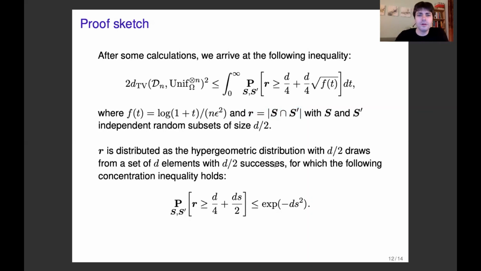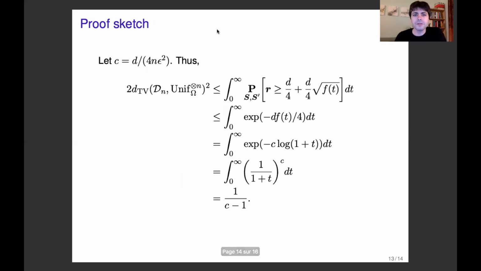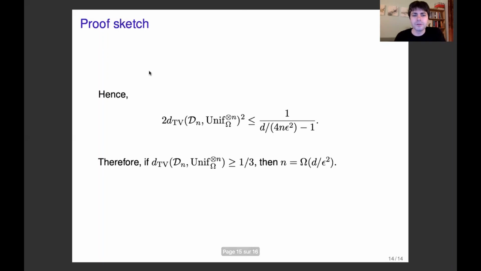So now we apply this concentration inequality to our upper bound, and then solving the integral, we obtain that 2 times the squared total variation distance between D_n and the uniform distribution is upper bounded by a quantity 1 over c minus 1, where c is d over 4n epsilon squared. So rearranging terms and using the fact that the total variation distance is bounded below by 1/3, we get that n is at least d over epsilon squared.